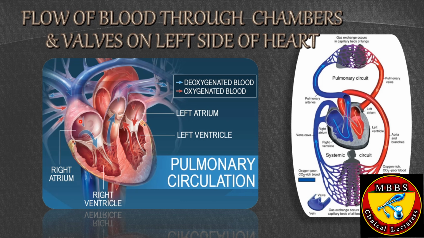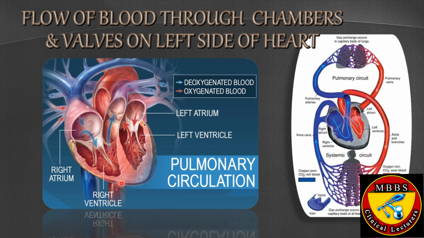So these are 2 openings within the right atrium, plus there is the coronary sinus opening. The coronary sinus brings the blood returning from the cardiac wall itself. The wall of the heart is also supplied by blood.